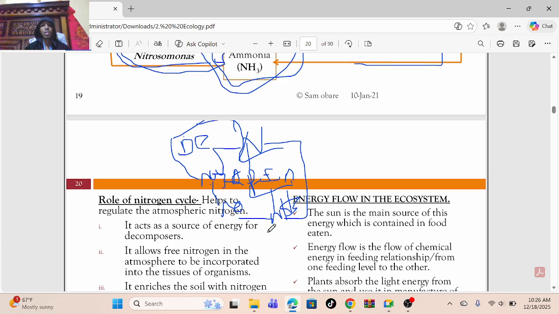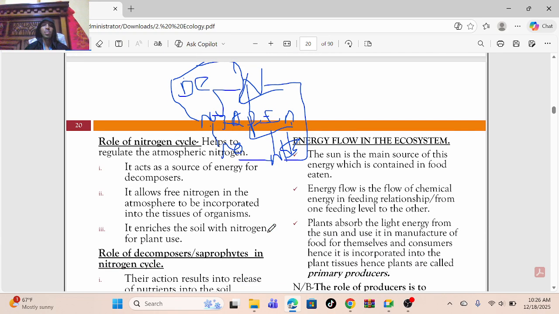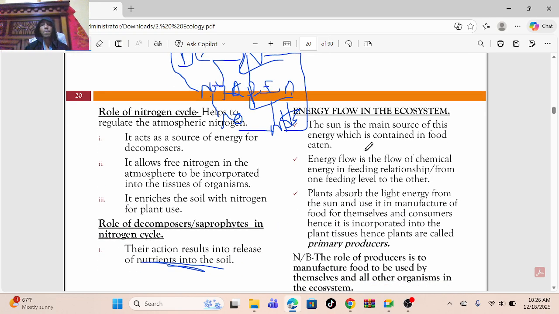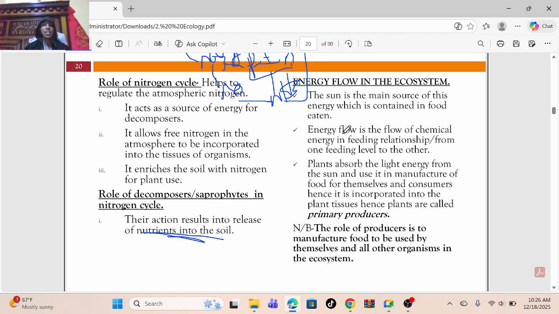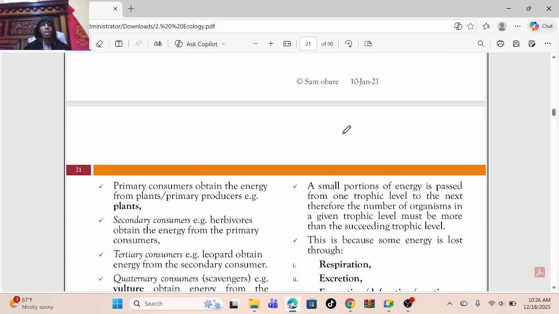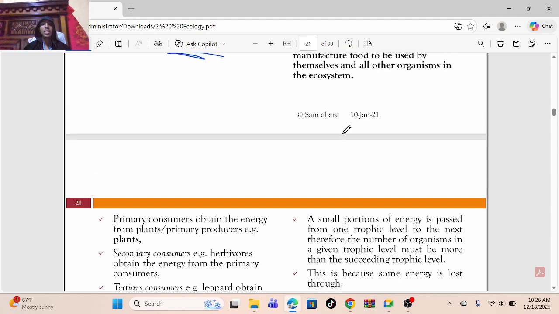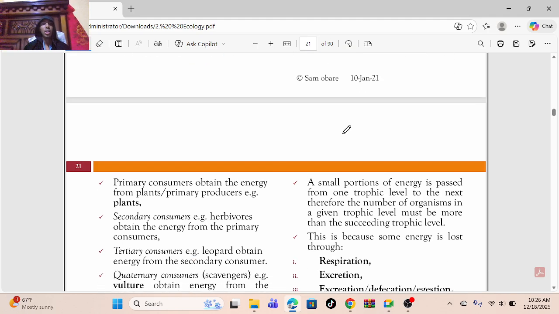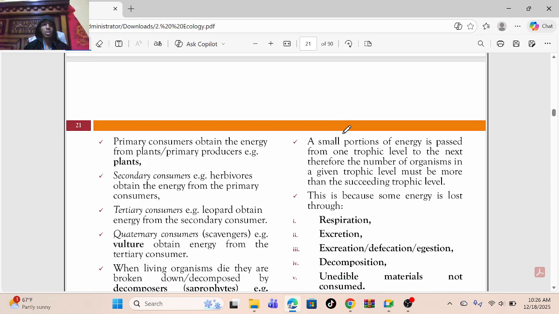So let's go. Energy flow in the ecosystem. Energy flow is the sun being the main source, which is contained in the food eaten. So what is this called? It is called the food chain and the food web. So the sun is the main source, then plants are the producers.